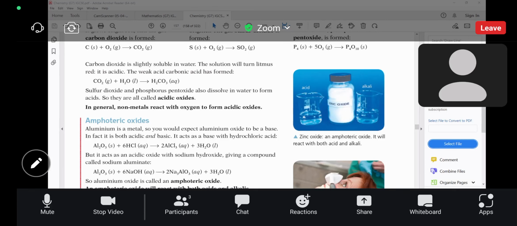That means it produces an acidic solution. Or in other words, you can simply write acidic oxides are the oxides that exhibit acidic properties. You can write in that way.